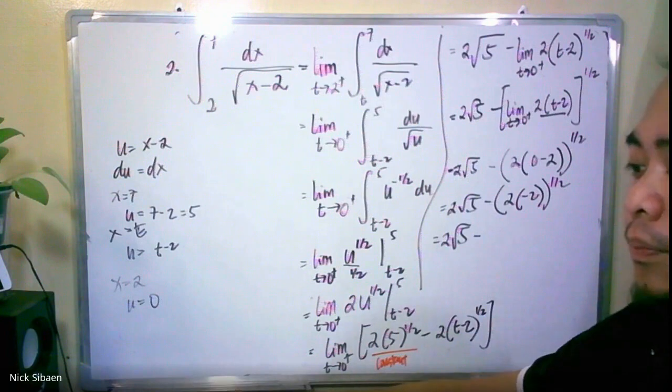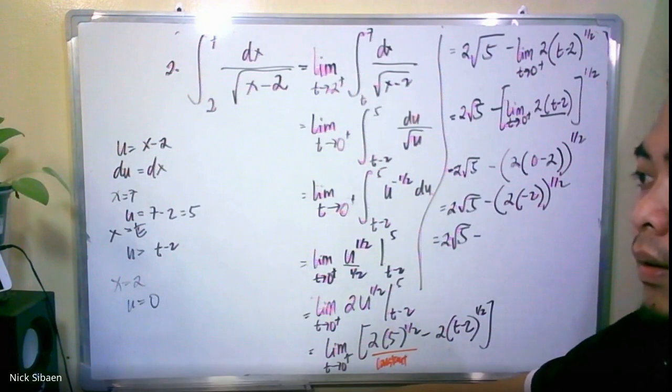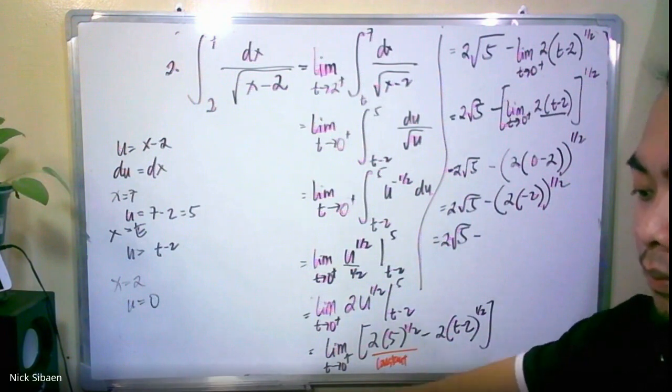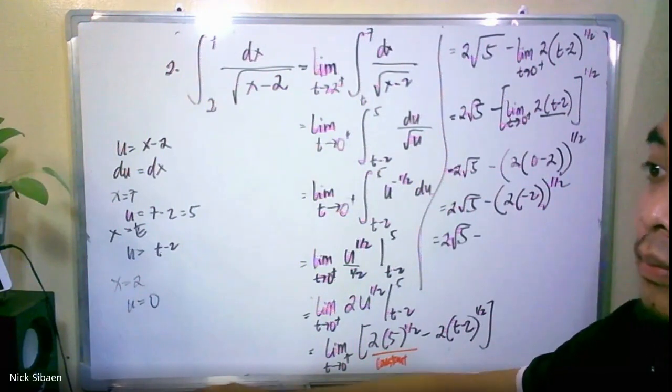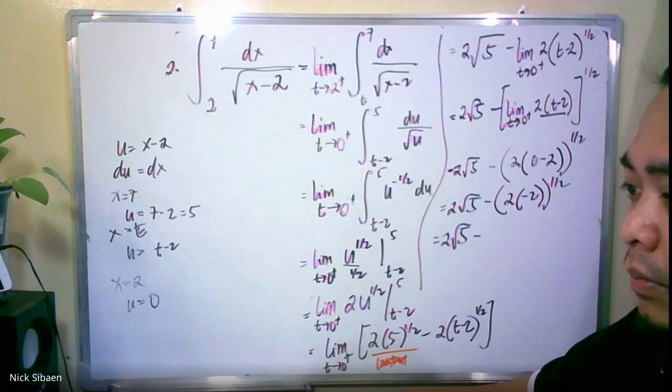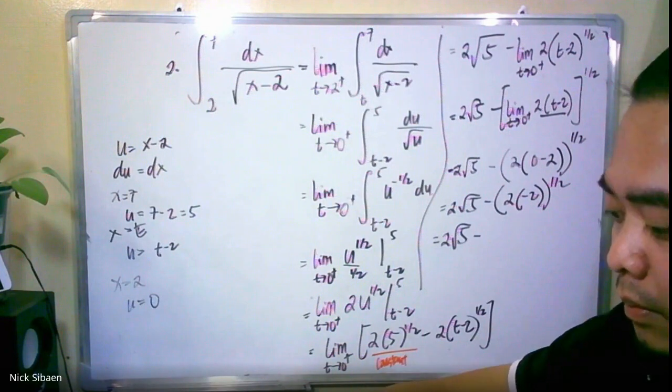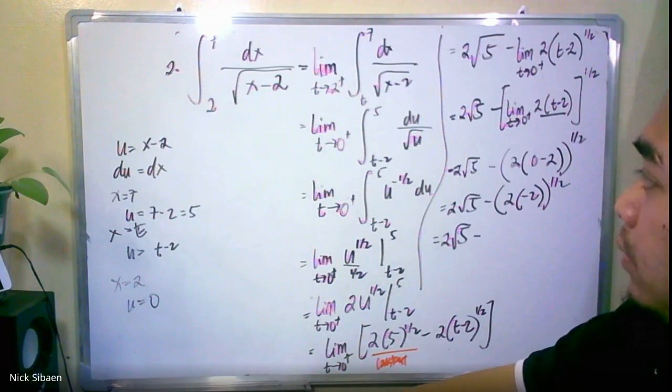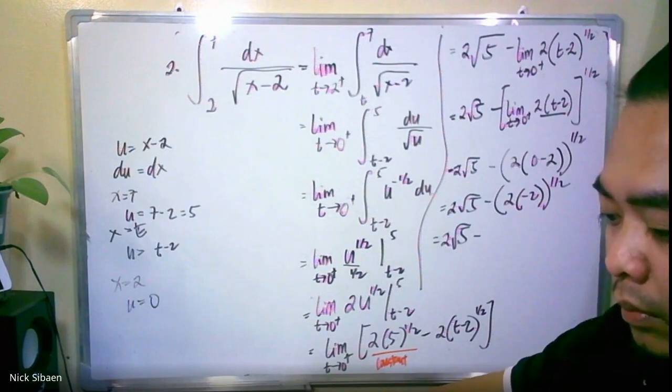Tama ba? Sir, yung t minus 2 lang ata yung may exponent ng 1 half. Hindi kasali yung 2.